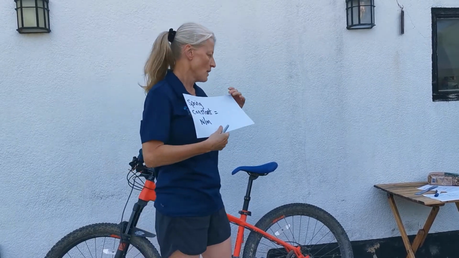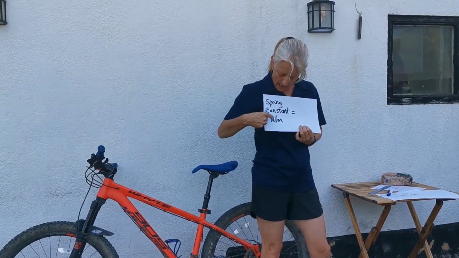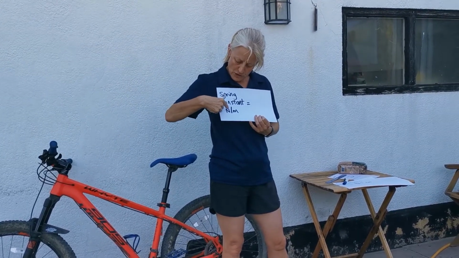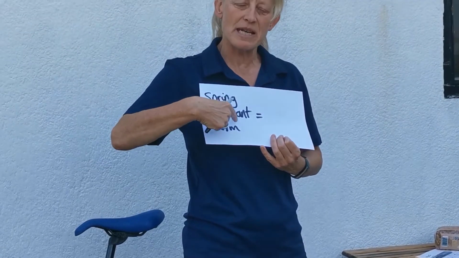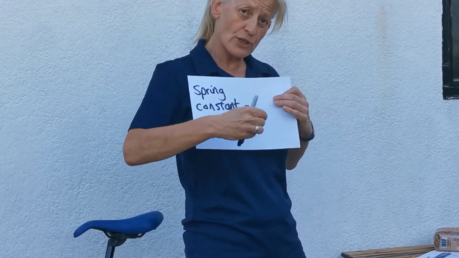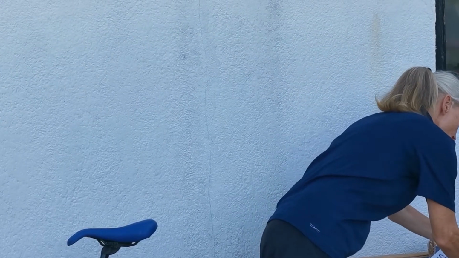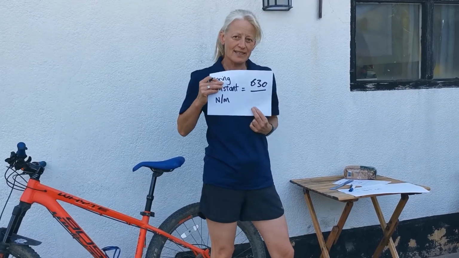Now, I know from this, because the units are newtons per meter, I need to divide newtons by meters. I know my newtons, my weight force, was 630, and I need to divide that by the extension.